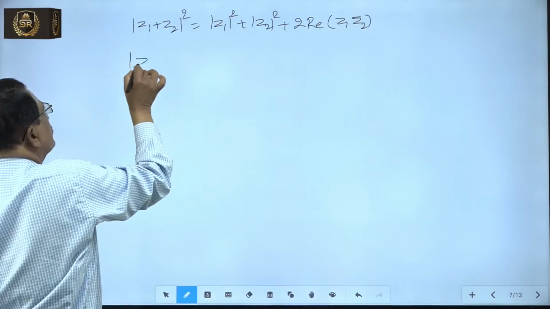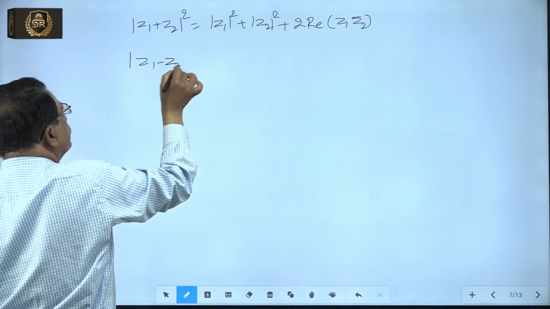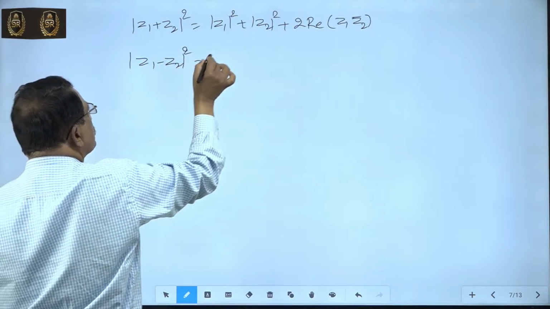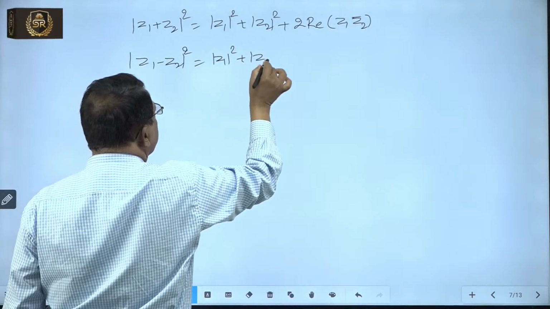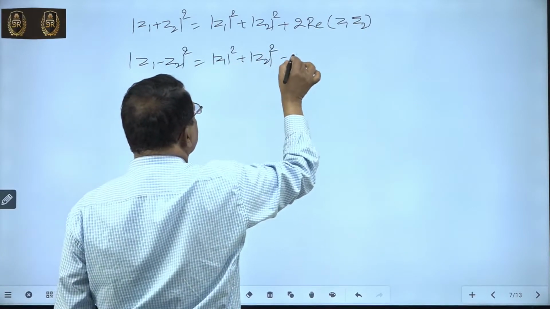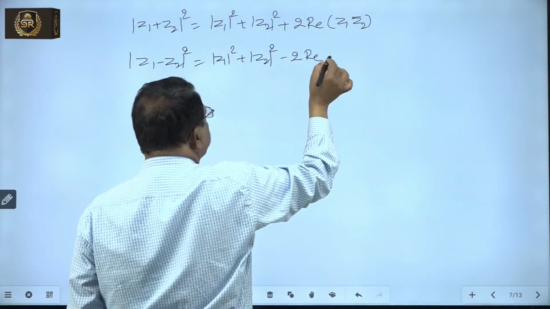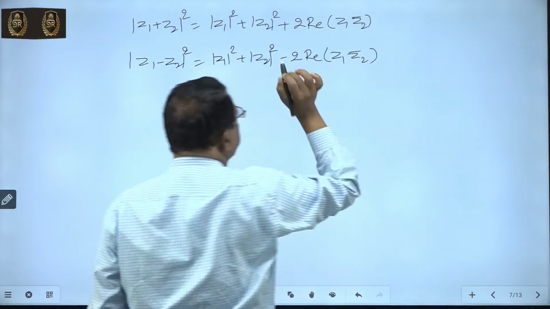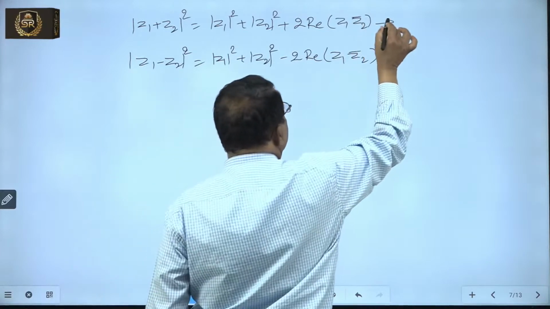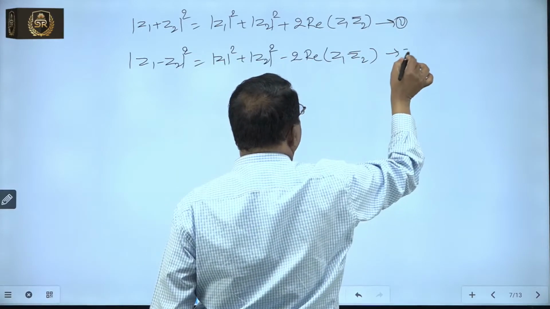Next, mod of Z1 minus Z2 whole square equals mod Z1 square plus mod Z2 square minus 2 real part of Z1 Z2 bar. It is the first result, next it is considered second.